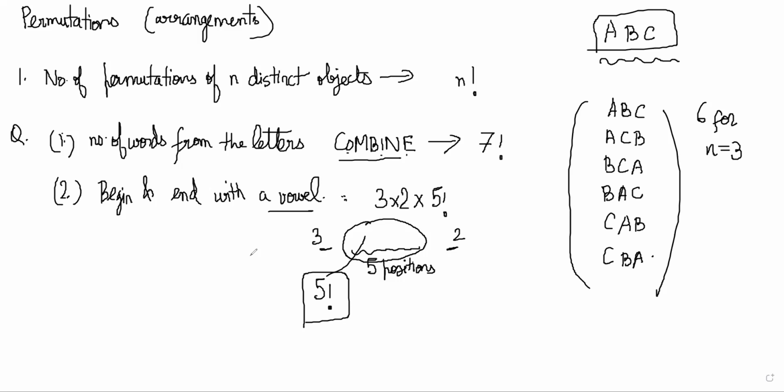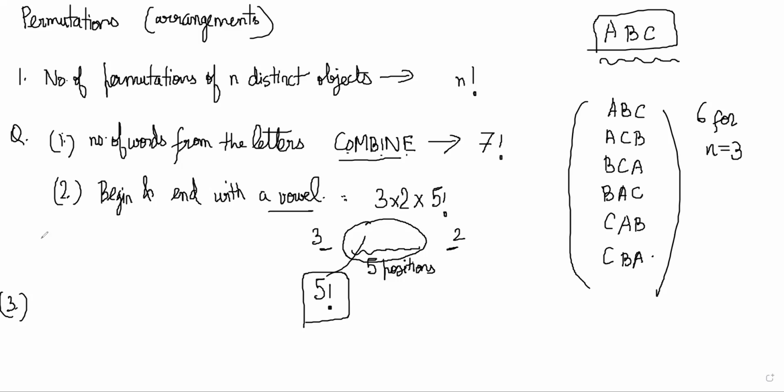You can do more complicated questions. One more question here would be: in how many of these words do the vowels and consonants occupy the same relative positions as in combine?